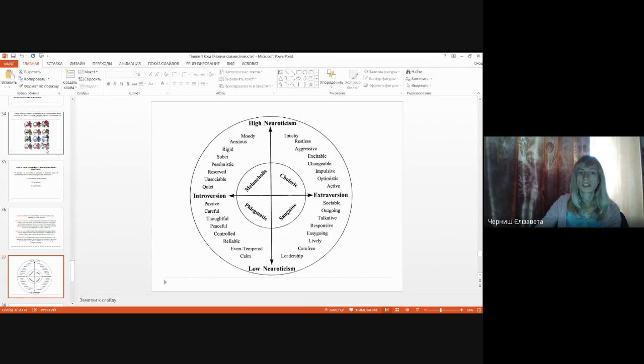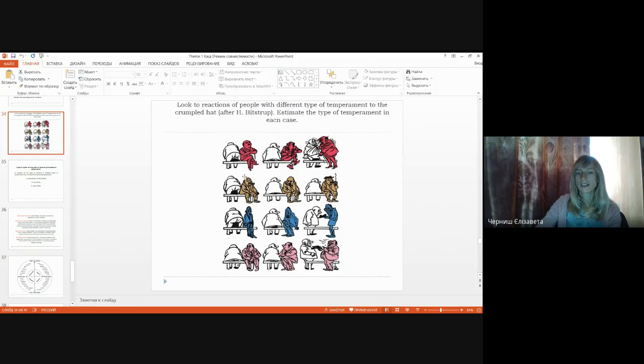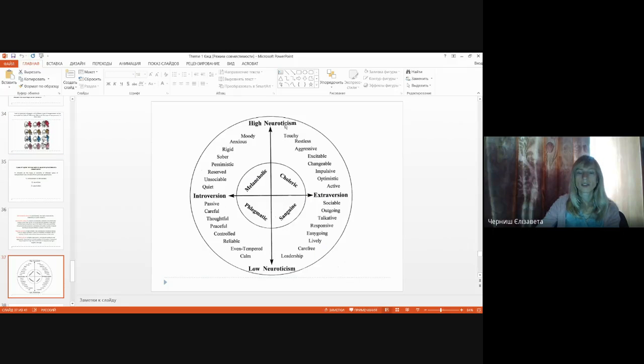We see the picture, yes? Choleric, sanguine, phlegmatic, and melancholic are presented in the picture, these types of temperament and now their connection with these types of nerve activities.